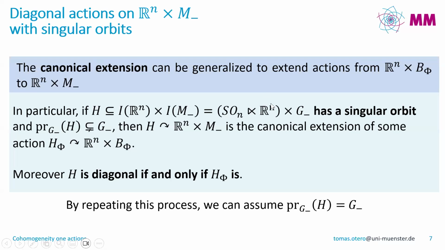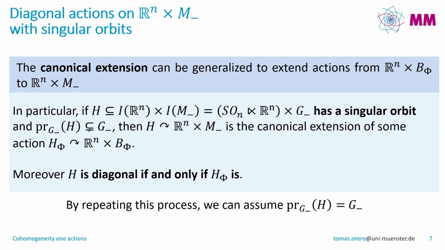If this action has a singular orbit and the projection onto the isometry group of the non-compact factor is not the whole thing, then this action can actually be obtained by extension from lower rank. And moreover, the action is going to be diagonal if and only if this smaller action is.